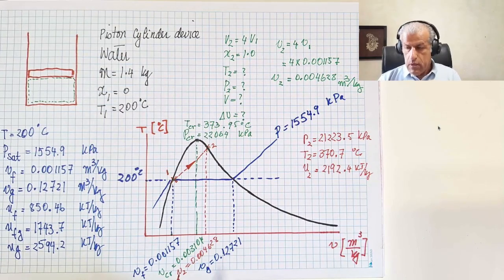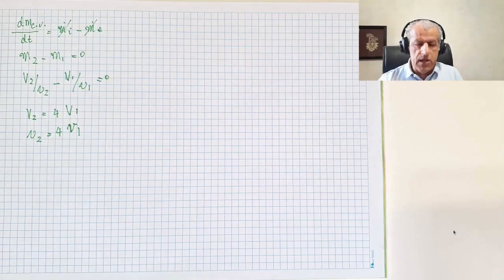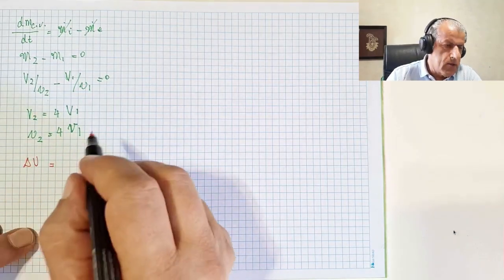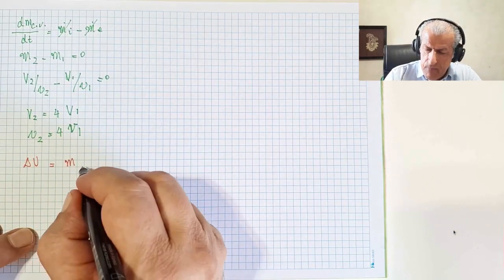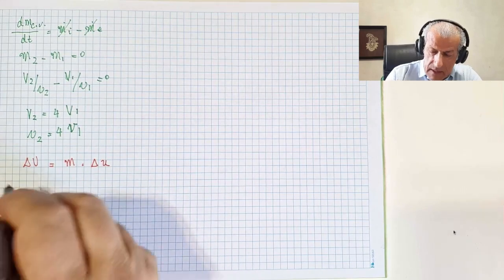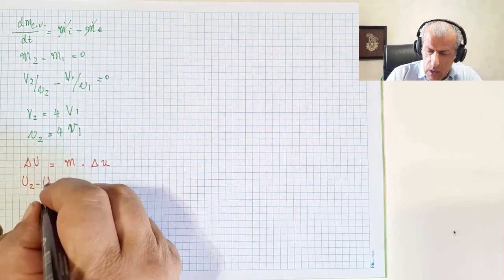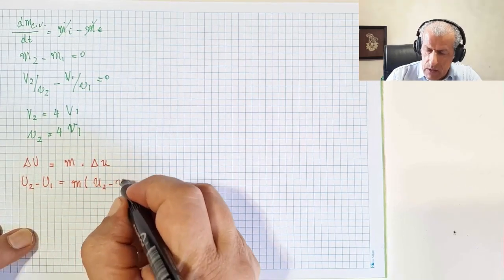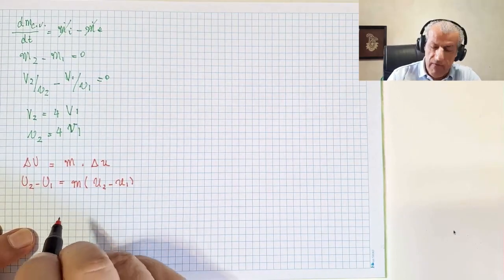Now, almost all the questions of the problem are answered. The only unanswered point is the change in energy. Well, the change of energy is delta U, and that equals mass times delta u. That means that U2 minus U1 equals m times (u2 minus u1). And we'll have everything here.